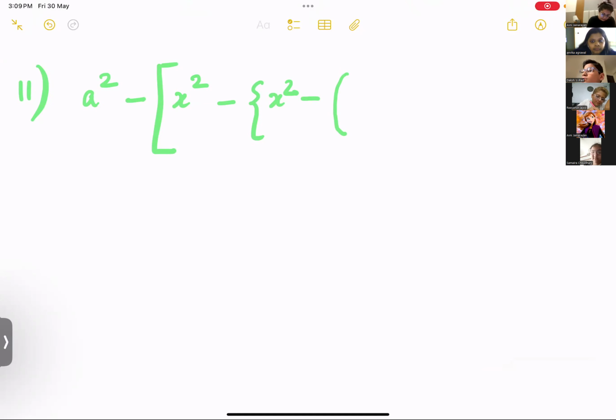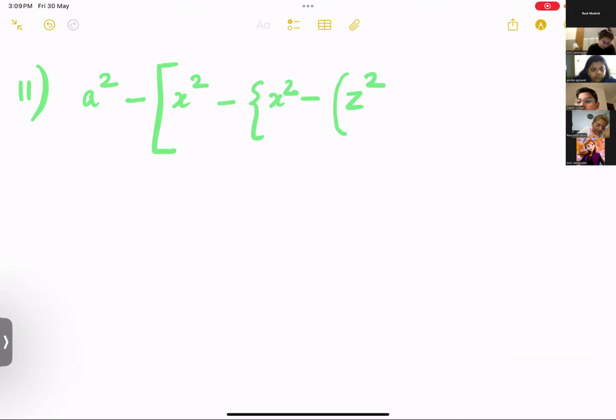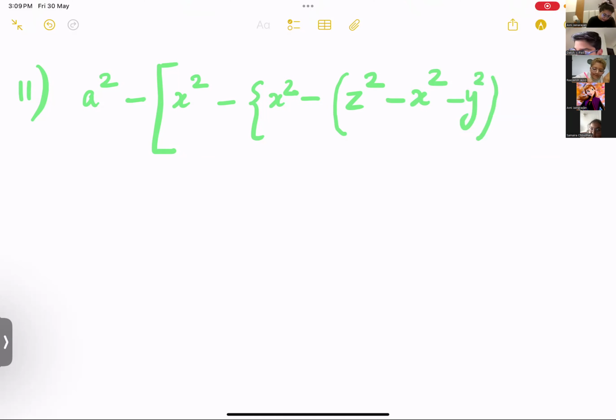X square minus z square minus x square minus y square. Close the bracket. Above x square minus y square, there is this bar bracket. Minus 2y square, curly bracket, plus y square, and then close the square bracket.